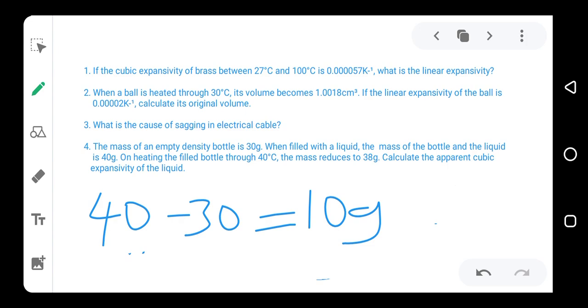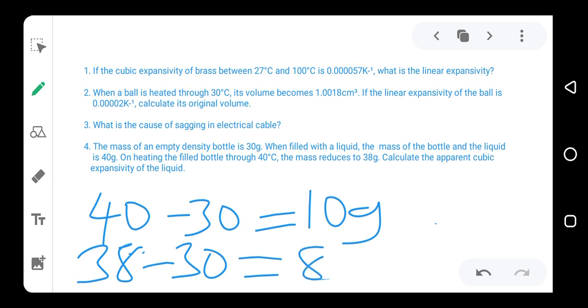So we now minus 30 gram from 38 gram to get the mass after it has been heated. So after heating, the mass of the liquid is now 38 minus 30, and that gives us 8 gram.